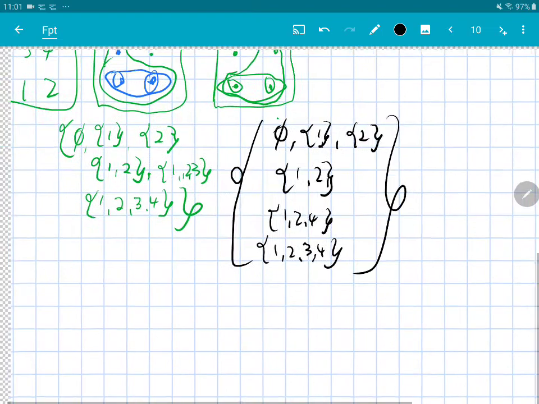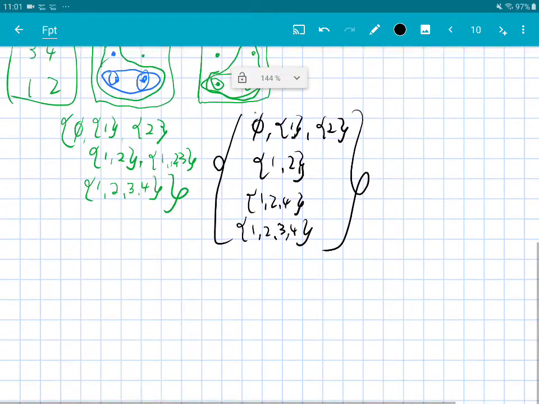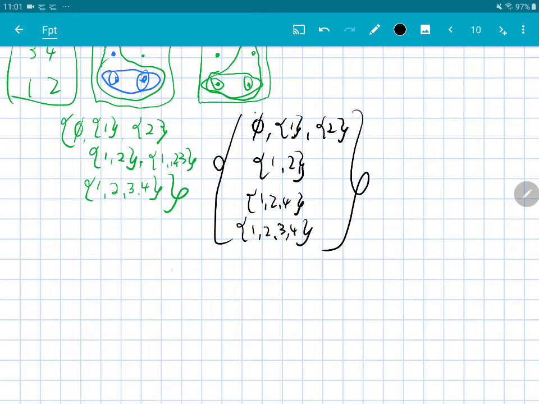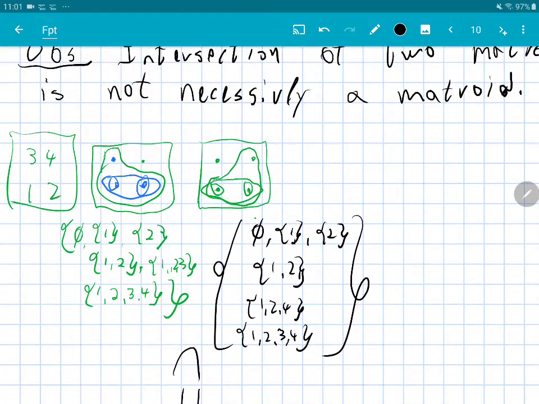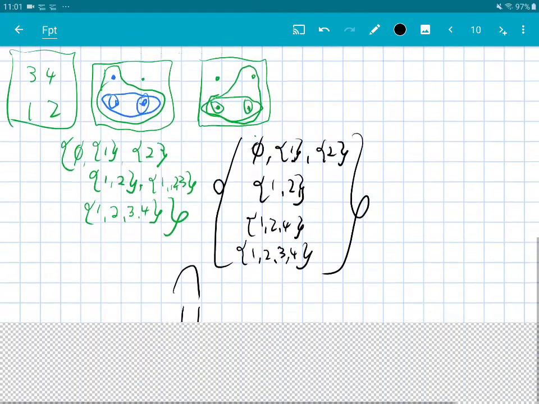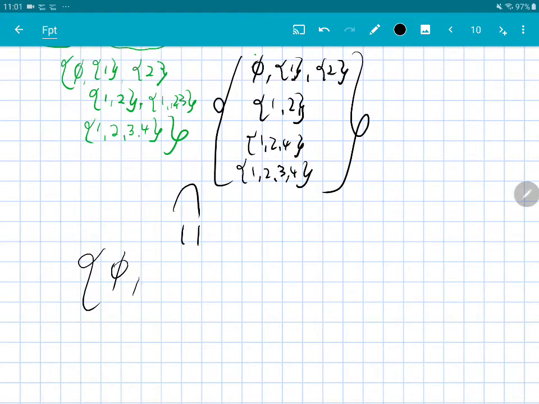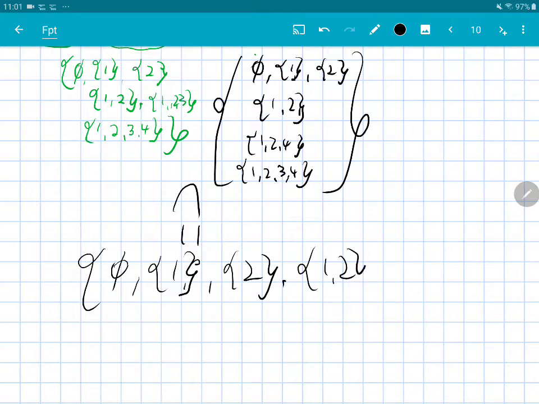Now the important thing to observe is, of course, that the intersection of those two matroids is equal to the following. What is happening is that we are going to lose the triple sets because they are different, which means immediately that we get the empty set, 1, 2, 1 2, and 1 2 3 4.